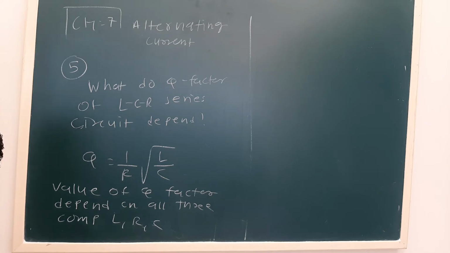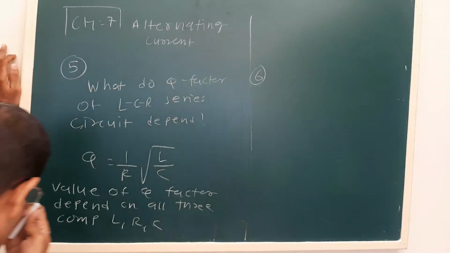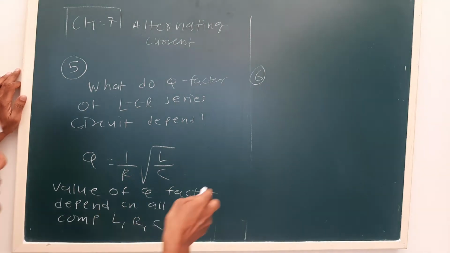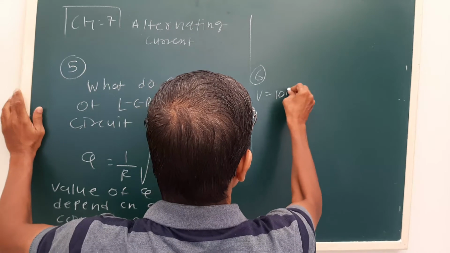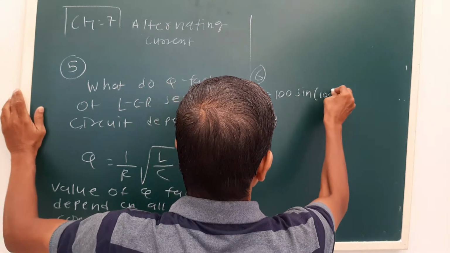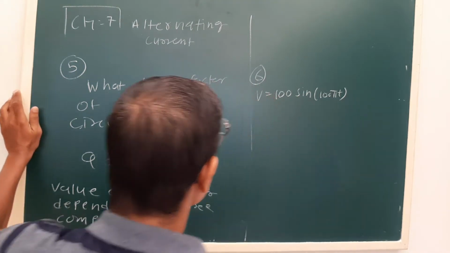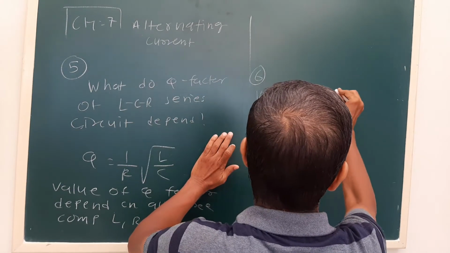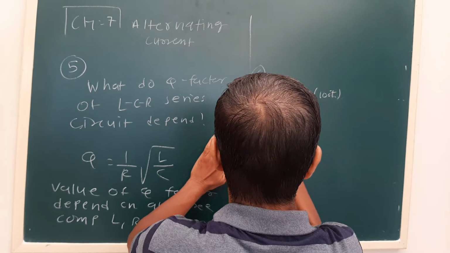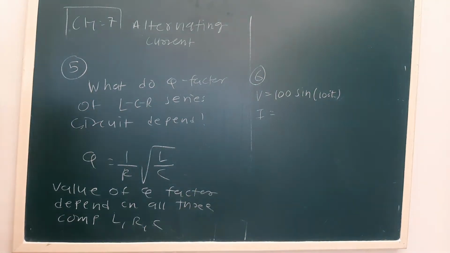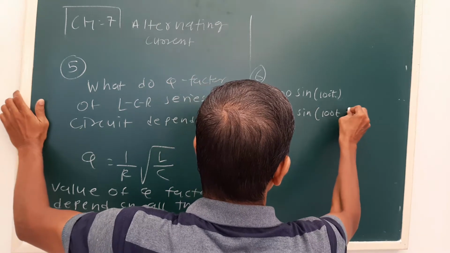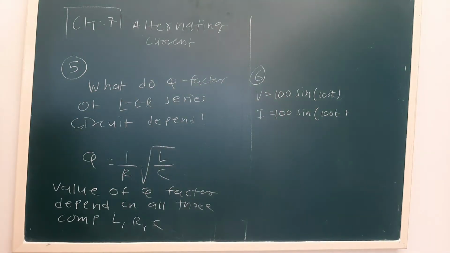Now see, the next question is related to power. See, the voltage is given as 100 sin 100 t and the current is given as 100 sin (100 t plus pi by 3).